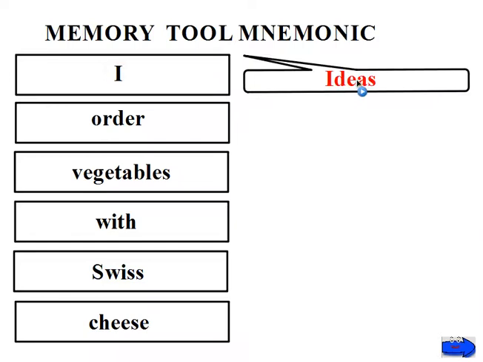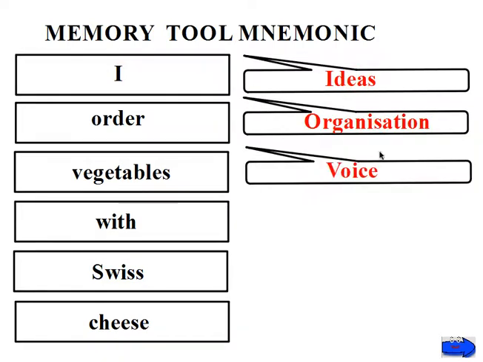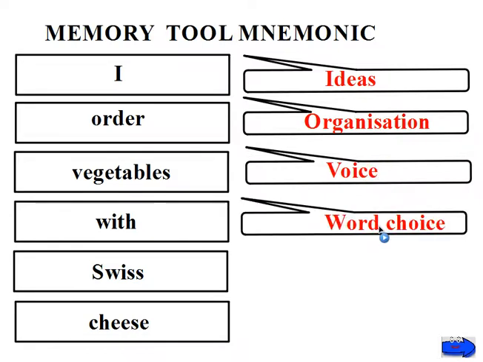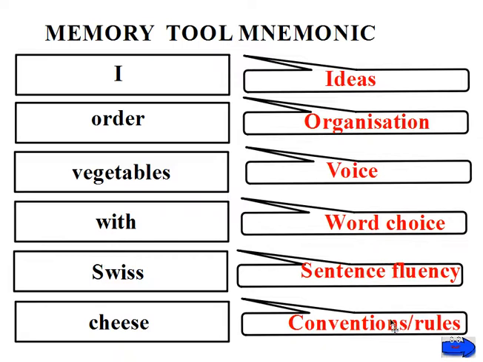I stands for ideas, order for organization, vegetables for voice, with for word choice, Swiss for sentence fluency, and cheese for conventions or rules. So to make sure that you have followed the 6 features of writing, picture yourself ordering something in a cafe, and it will be a really very good help for you.